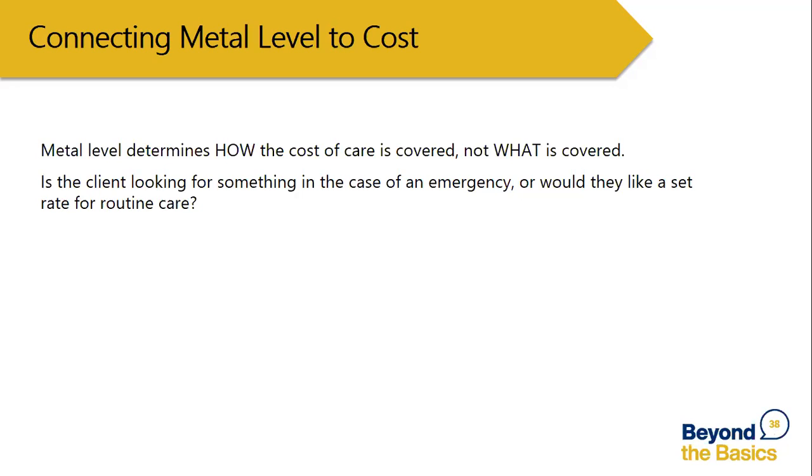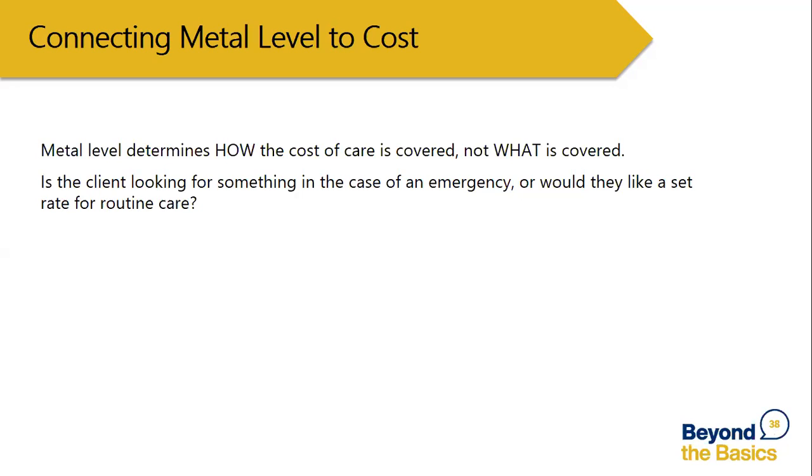It will cover that same medical need, but there might be a larger upfront responsibility from the client. So keep this question in mind, which can really help a client figure out where they want to be cost-wise and in terms of metal levels.